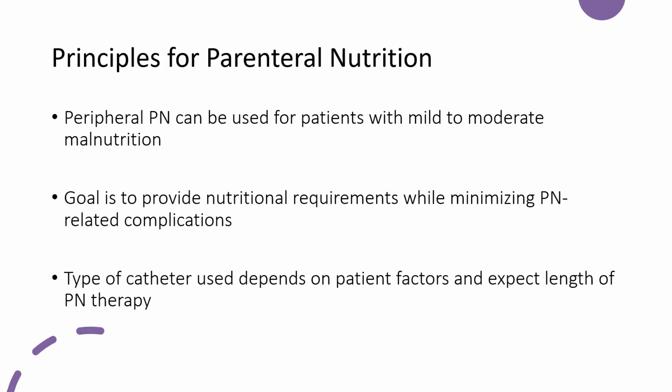Long-term therapy may require even a tunnel catheter or a portacath. Factors that may influence the catheter choice include the duration, the venous access quality, risk of infection, overall health, and making sure they have the correct line for parenteral nutrition improves safety and reduces complications for the patients.